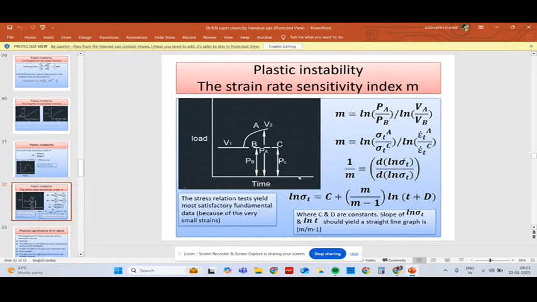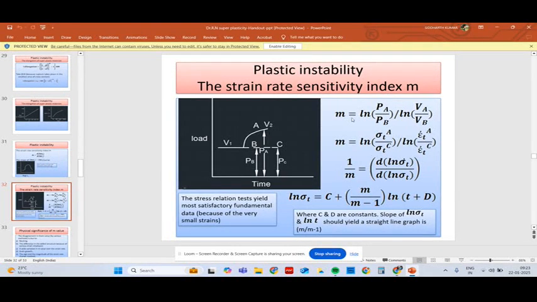The m value can be determined using this expression. Strain rate sensitivity m can be determined by this equation. This plot is made between load versus time. We change from one velocity to another velocity, V1 to V2. Let us say at V1, PB is the load value. When you change to V2, the load value is PA.